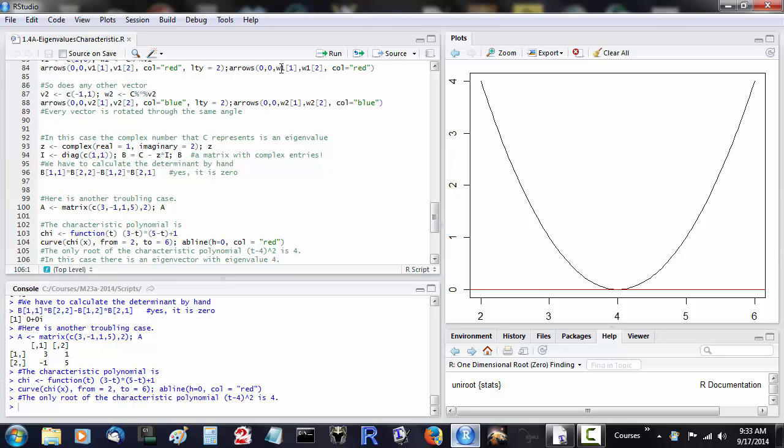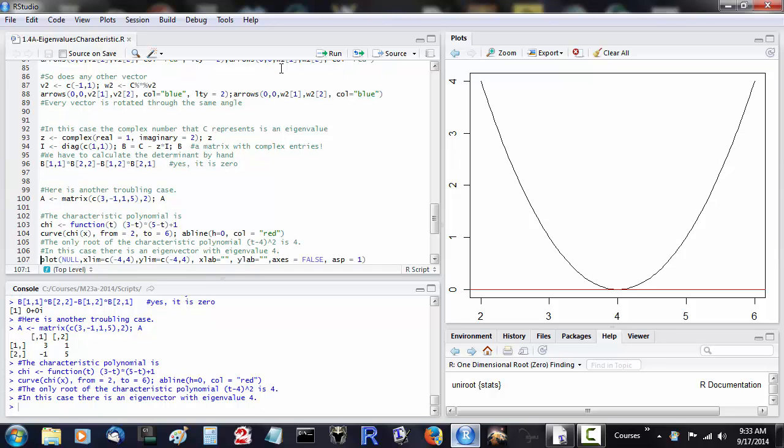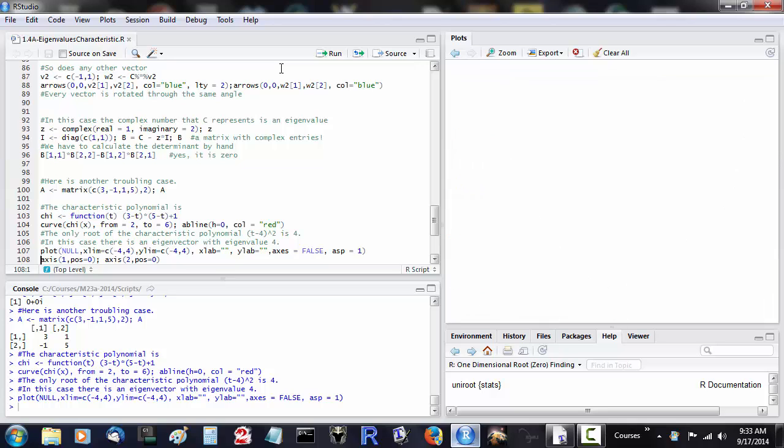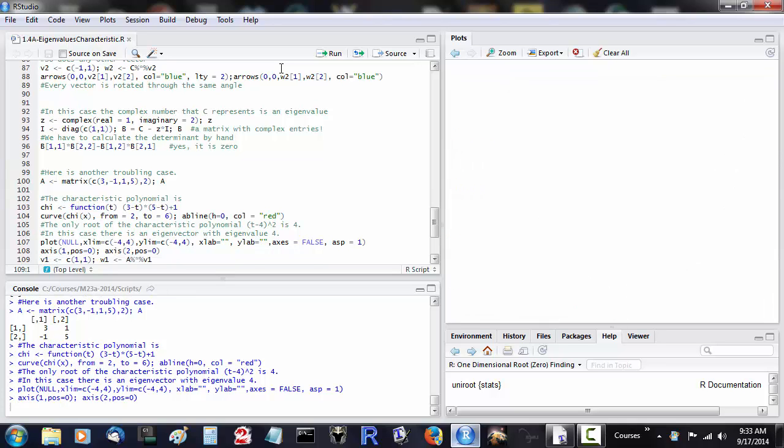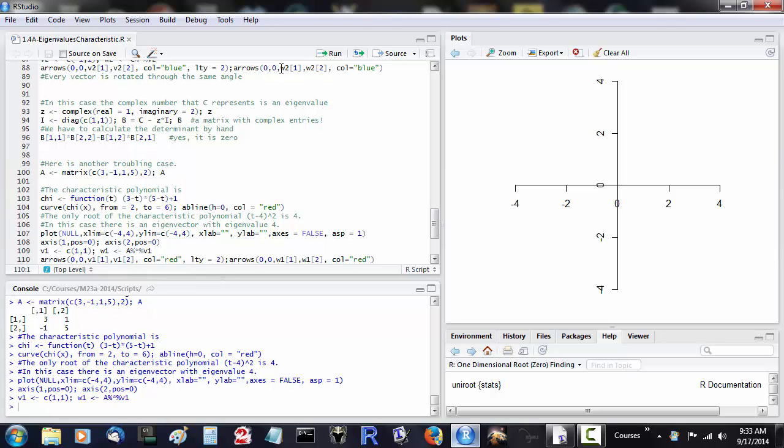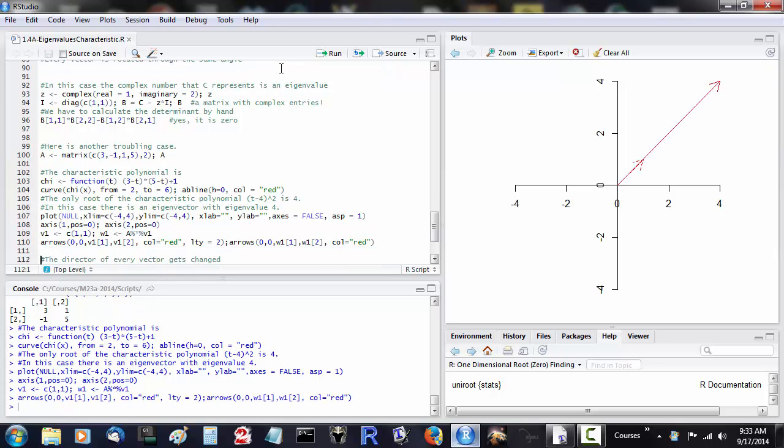That means I have found only one eigenvalue. And in this case, there is one eigenvector with eigenvalue 4. I can work it out by applying A minus 4I to the vector of my choice.